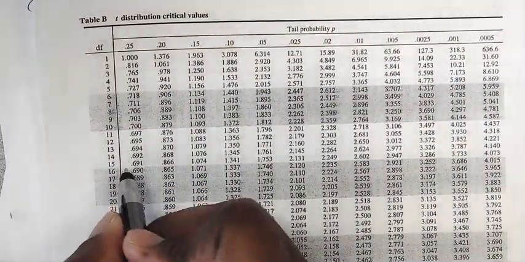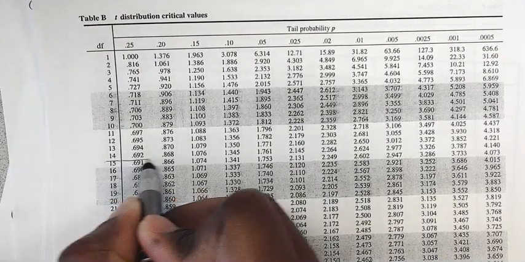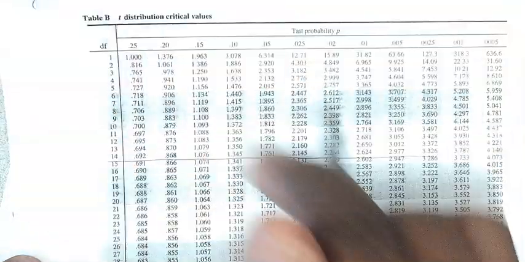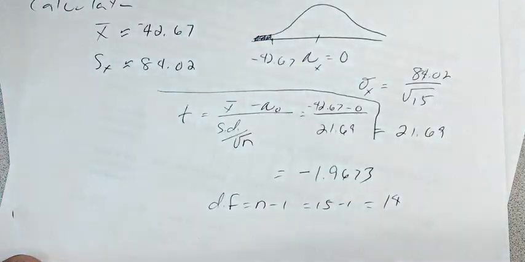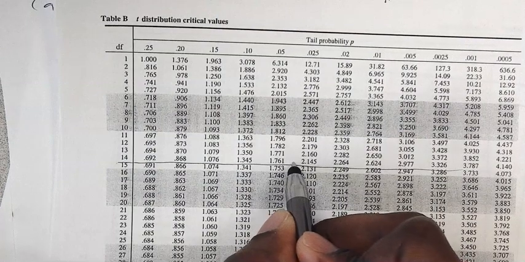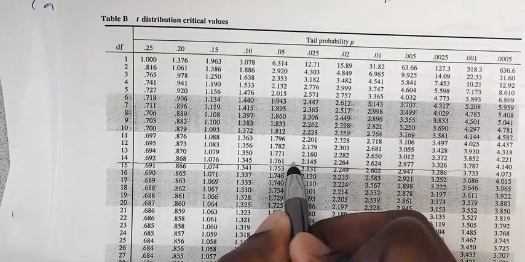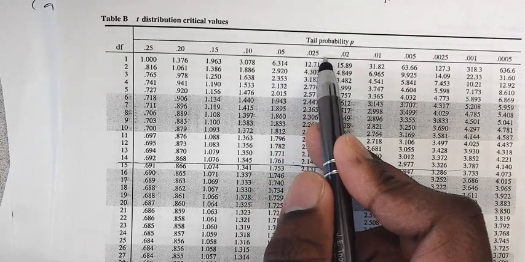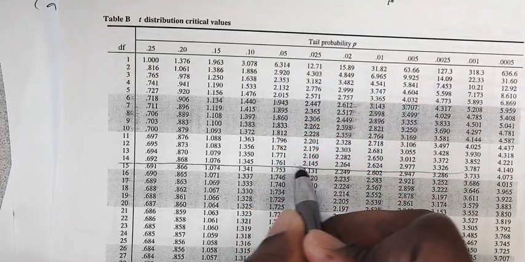So here's my degree of freedom of 14. We're looking for 1.96. So 1.96 is somewhere between these two. It looks like somewhere between 0.05 and 0.025. So somewhere in the middle of both of those.